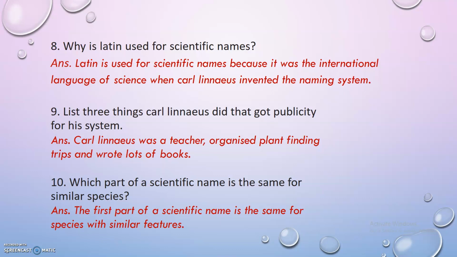I gave you an example of lion and tiger. Lion and tiger have similar features, but they are 2 different species, right? So the name of lion is Panthera leo and the name of tiger is Panthera tigris. From this you can understand that Panthera is common, the first part is common just because those 2 species have similar features.